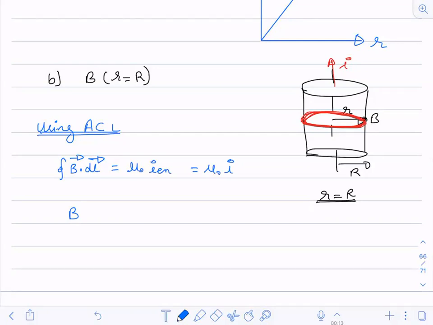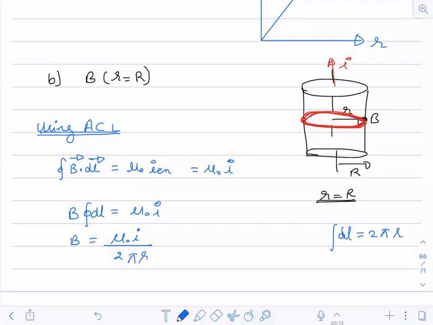If I integrate dl, I will get mu naught I divided by, since integral dl is 2 pi small r, 2 pi small r.